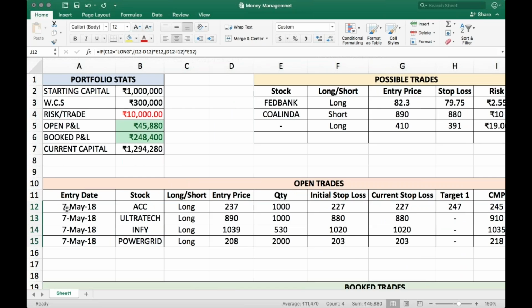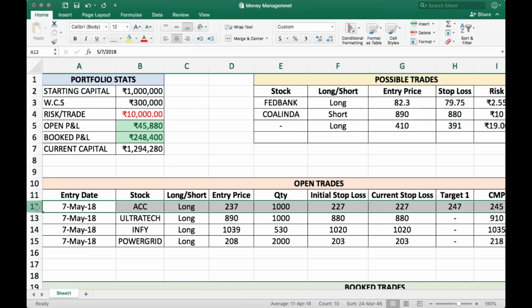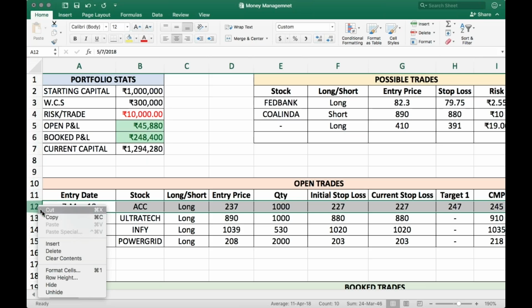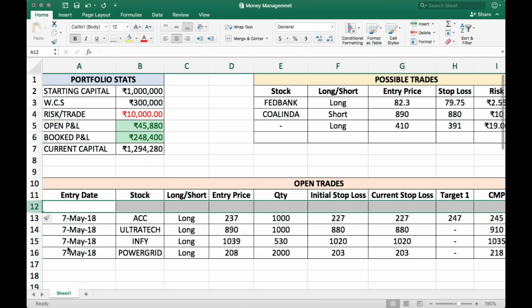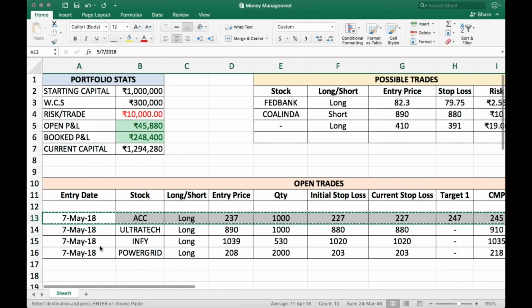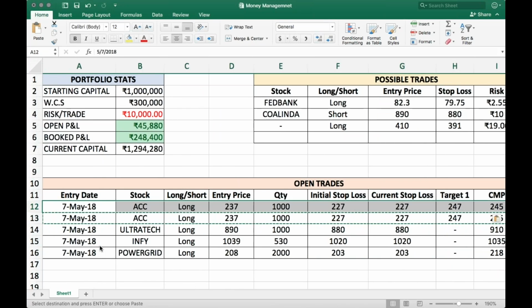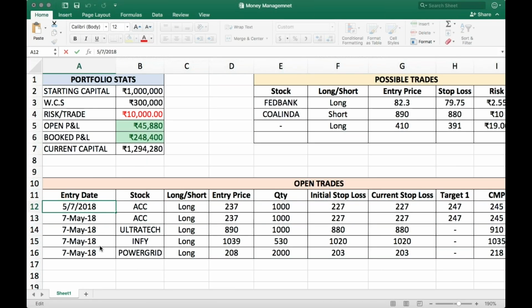The easy way to do this is you come to the first row on the top and insert one above. Fine. Then you copy the last row, the whole thing, and paste it on top. The whole thing got pasted. Now you make the changes. Tomorrow is going to be the 12th of November.